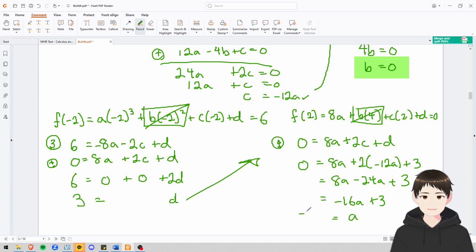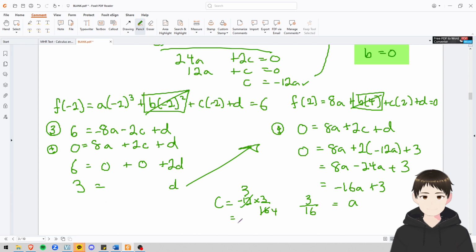A is equal to negative 3 divided by negative 16, or positive 3 over 16. And if I have A, I can figure out C, because C is right here. That means C is equal to negative 12 times 3 over 16. That is negative 9 over 4.